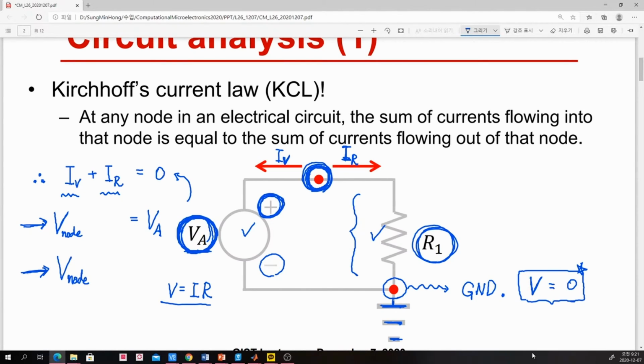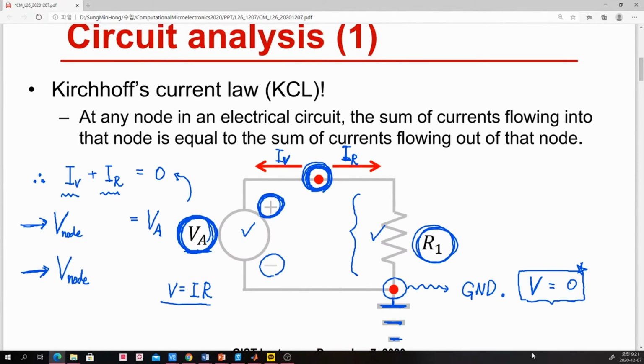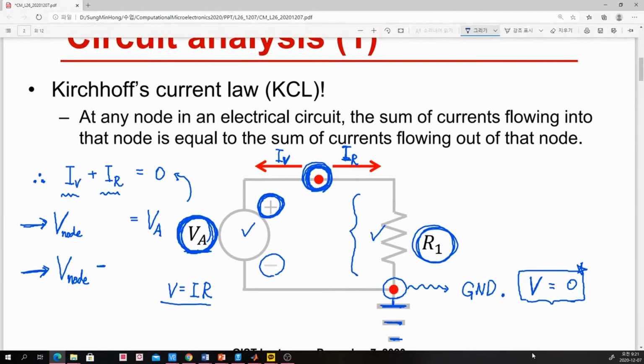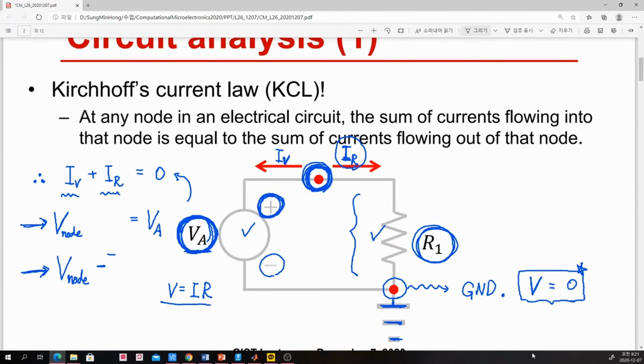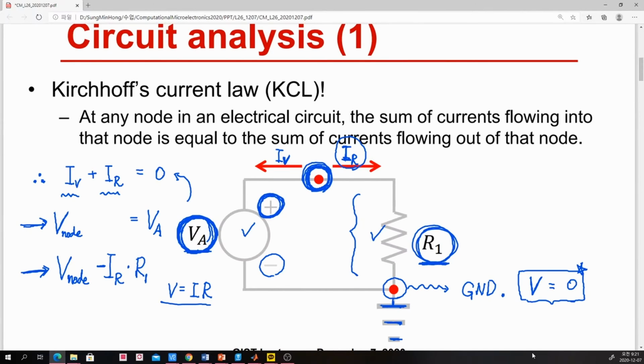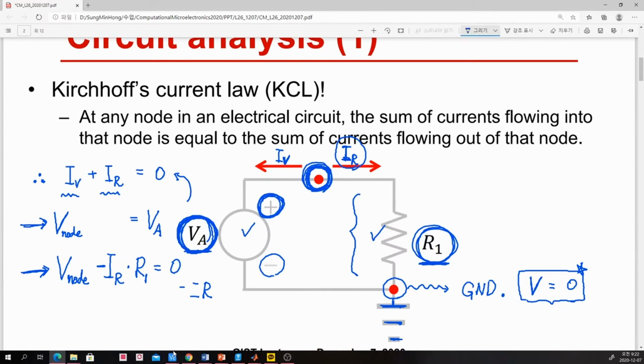In this case, V node equals V minus I R. Here I is an unknown variable, I sub R, and its resistance is given by R1. Now we can have this relation.